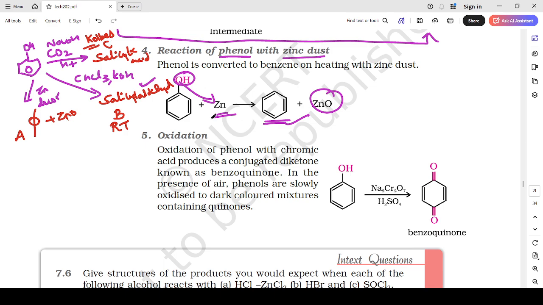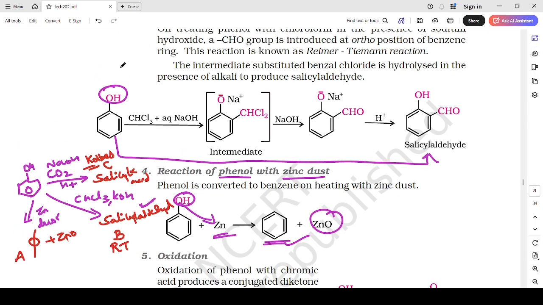For the board exam, in the 5 mark section, they may ask you to just explain the Reimer-Tiemann reaction for 1 mark. In that case, how do you produce your answer? They don't want all your paragraphs here. All they need is your reaction. So I take phenol, I treat it with chloroform and aqueous sodium hydroxide.